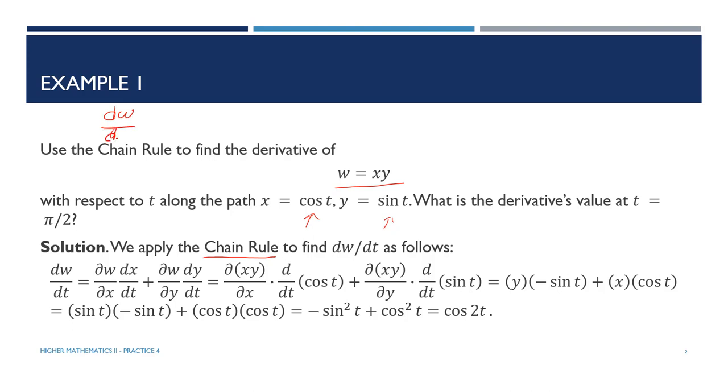dw/dt equals the partial derivative of w with respect to x times dx/dt plus ∂w/∂y times dy/dt. If you remember, I'm writing this kind of d to show that this is the partial derivative, not the ordinary derivative. So the partial derivative of w with respect to x gives me y.